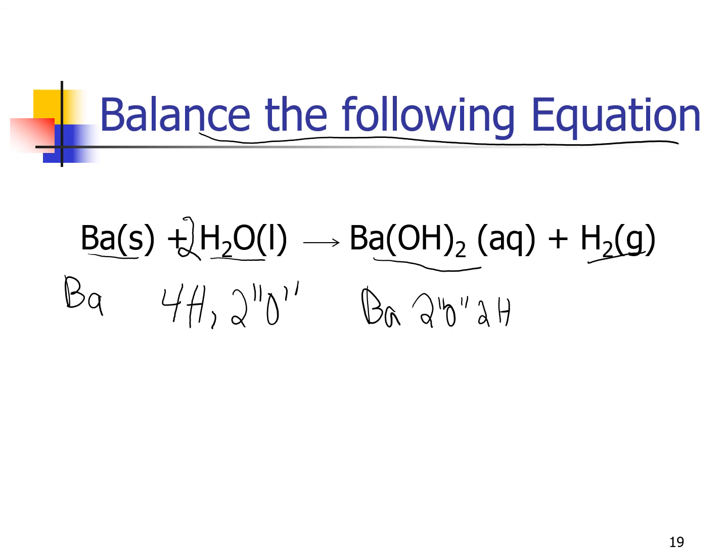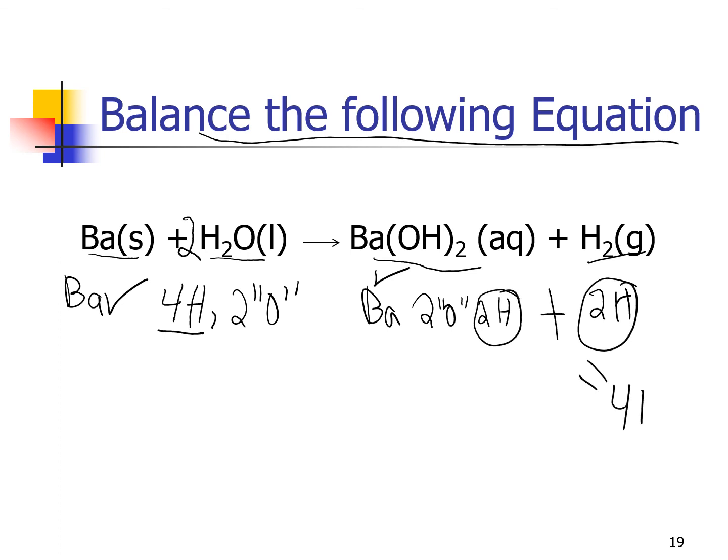And then in hydrogen we have 2 atoms of hydrogen in 1 molecule. So checking to see if this is balanced, our bariums check out. We have 4 hydrogens on the left, and on the right we have 2 hydrogens plus 2 hydrogens. That equals 4 hydrogens. So they are balanced. And then 2 oxygens balance 2 oxygens. So this is a balanced reaction.